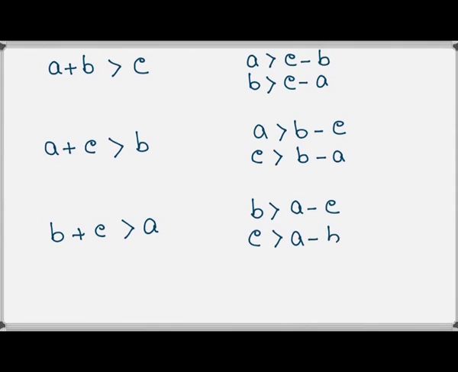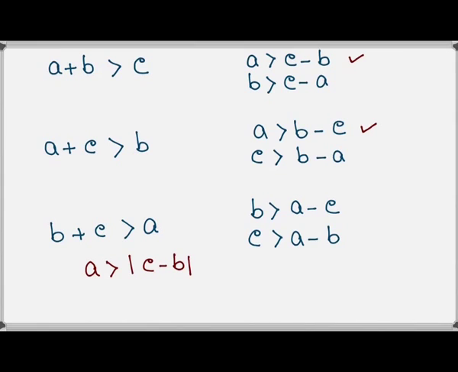Now let us consider the inequality a > c − b and the inequality a > b − c. From these two we obtain that a > |c − b|.